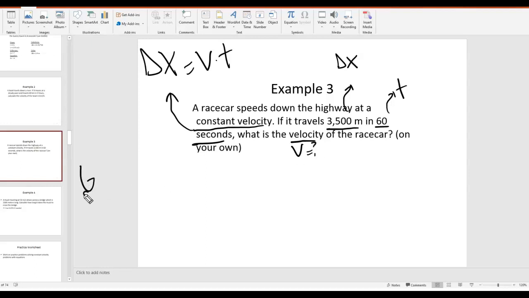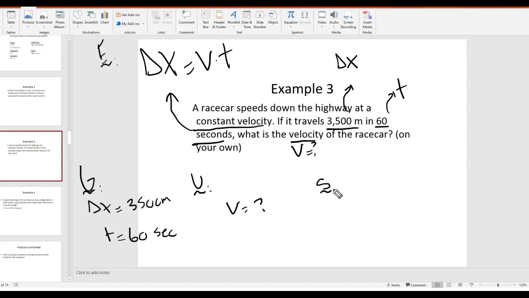So I'm using GUESS. G, my given, is going to be delta x equals 3,500 meters. T equals 60 seconds. My unknown is going to be v. My equation I already have up here.